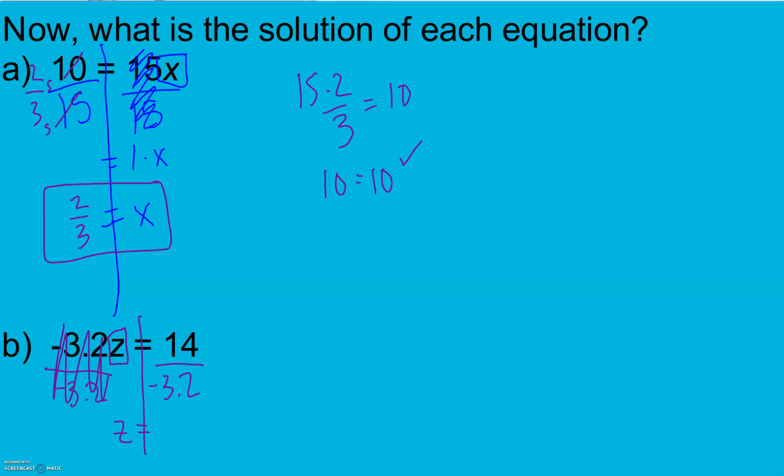Keep in mind, they both have to be negative in order to give us just a z. Then, if I take 14 divided by negative 3.2, I get negative 4.375. And we don't round there. And since we started with a decimal here, it's okay to give it as a decimal. Or you could have had negative 4 3/8 or negative 35 over 8. That would have worked as well.